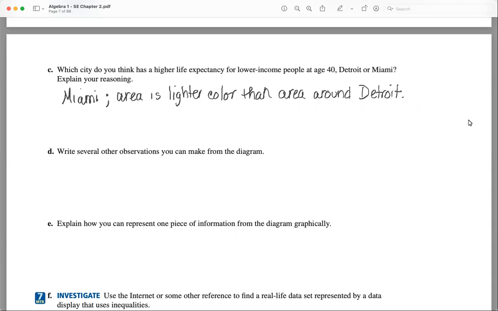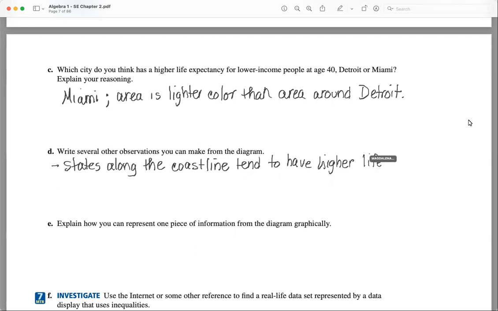Write several observations you can make from the diagram. Okay, so I can see that states along the coastline, whether it's east or west, tend to have higher life expectancies.